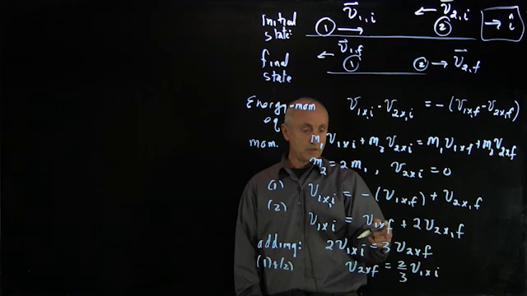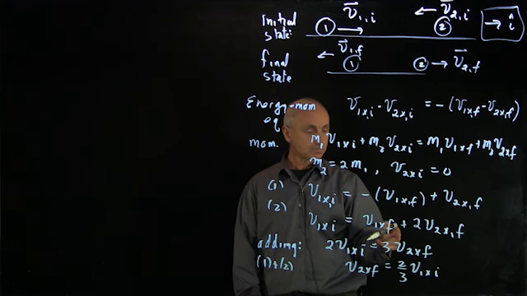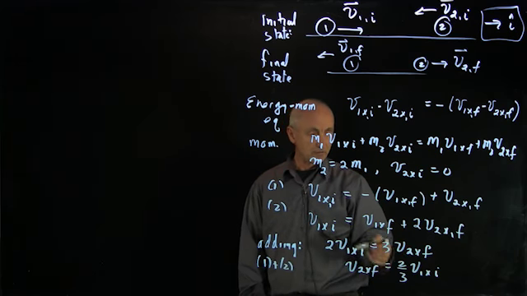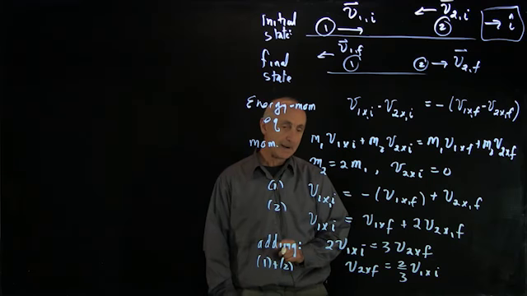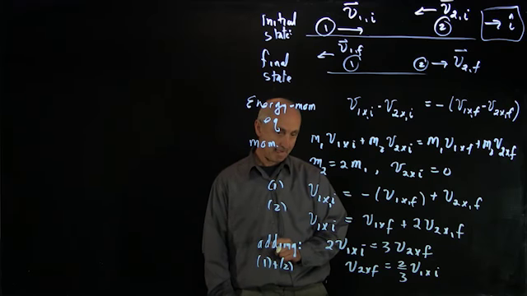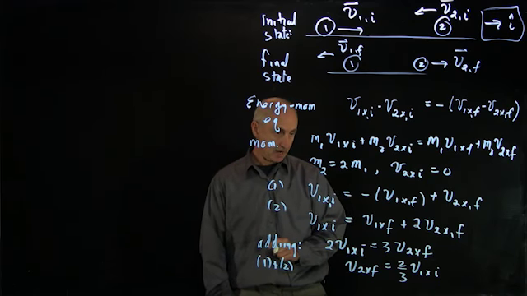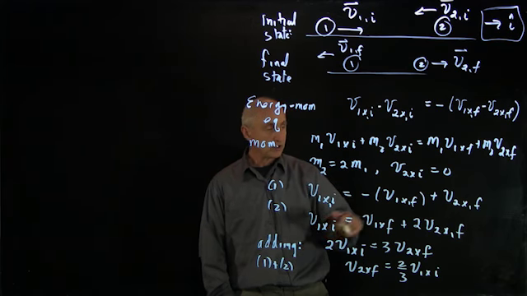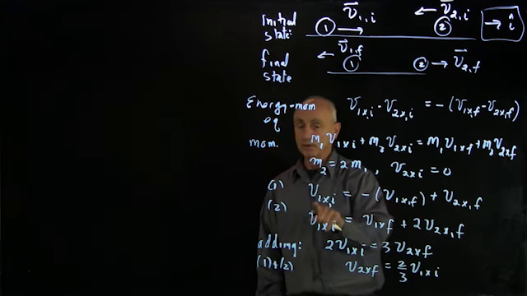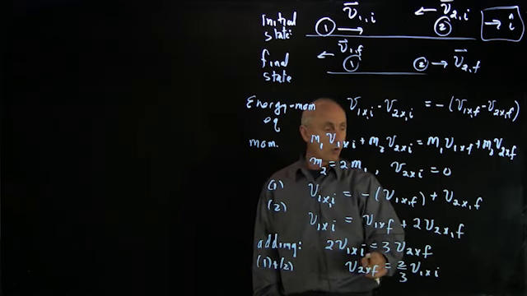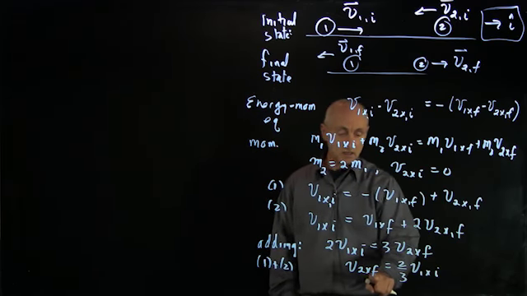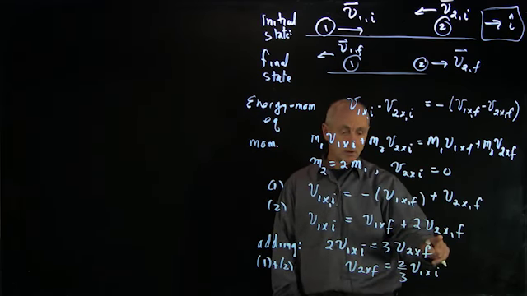let's see what we'll do there. We can do this a variety of different ways. I think the simplest thing to do, we could eliminate v2x final by multiplying through by minus 2, or we can simply substitute in v2x final right here.